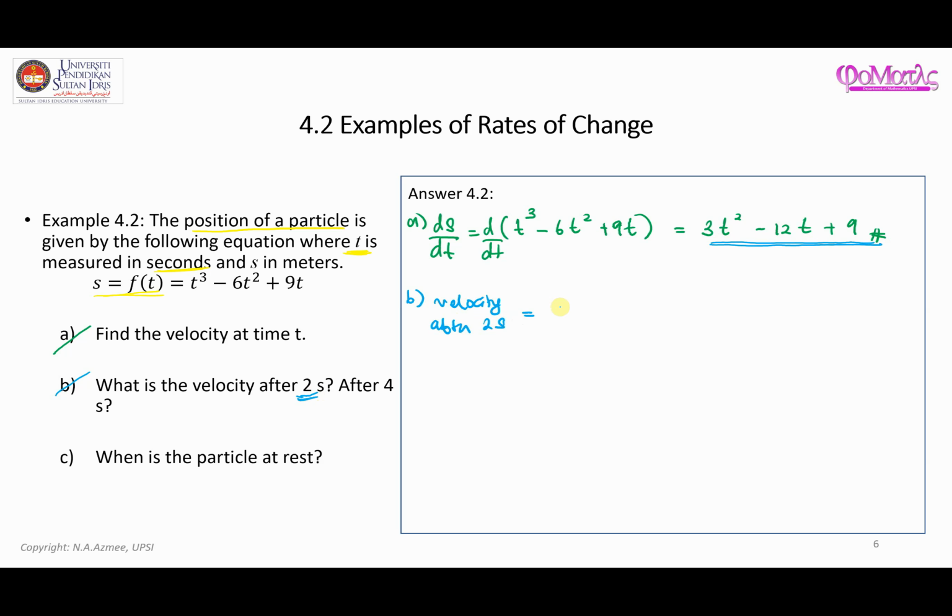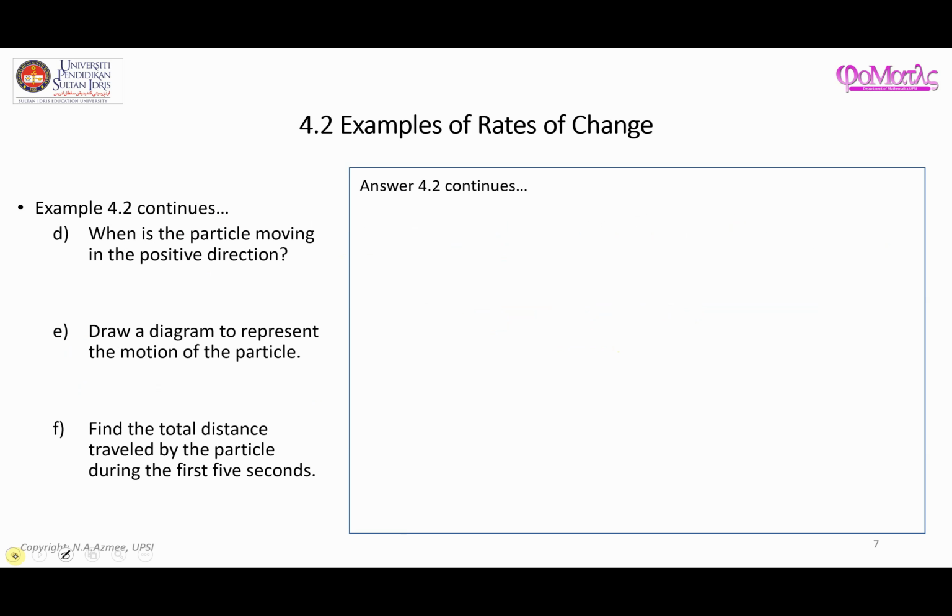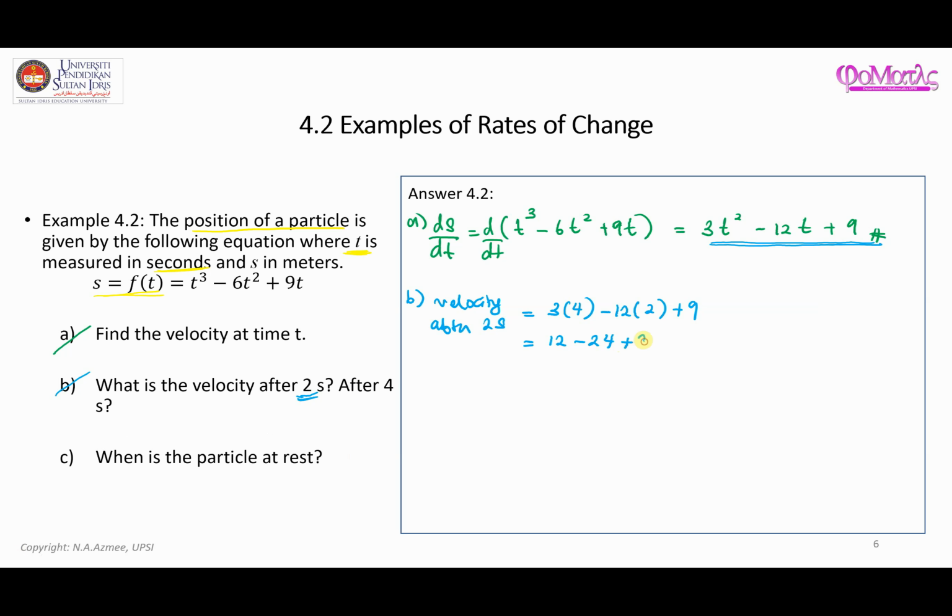So we have 3 times 2 squared, which is 4, minus 12 times 2 plus 9, and this is equal to 12 minus 24 plus 9. Negative 24 plus 12 is negative 12, plus 9 is negative 3, and the unit is meter per second. Here we have meters and seconds, so meter per second is the unit for velocity.